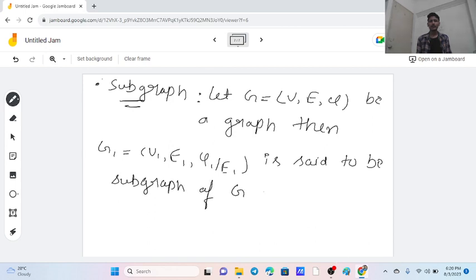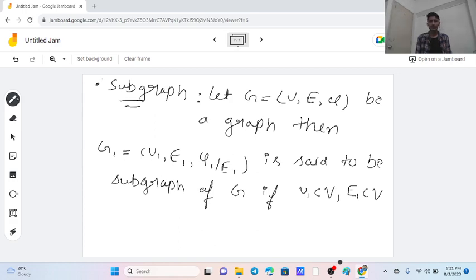G1 is a subgraph of G if V1 is a subset of V, E1 is a subset of E, and any edge in graph G1 having endpoints A and B, then it should have endpoints A and B in G also. That means an edge should have the same endpoints in G as well as in G1.